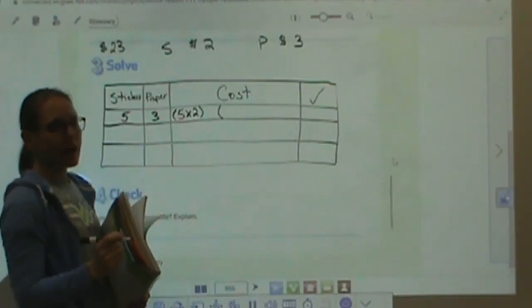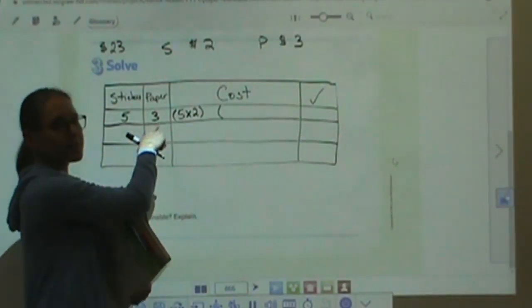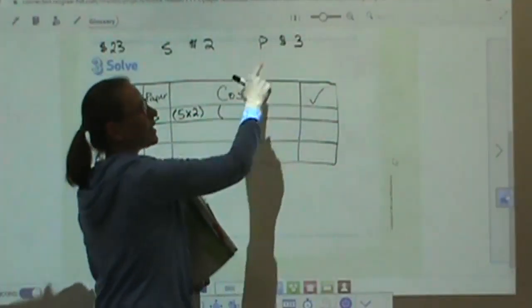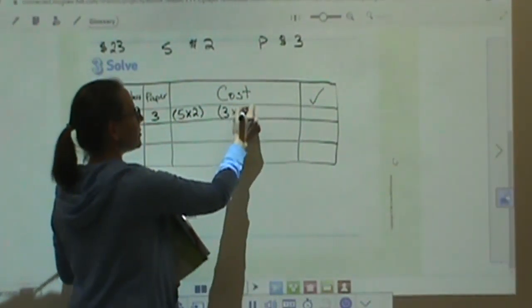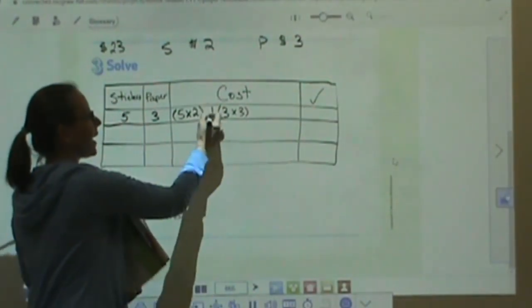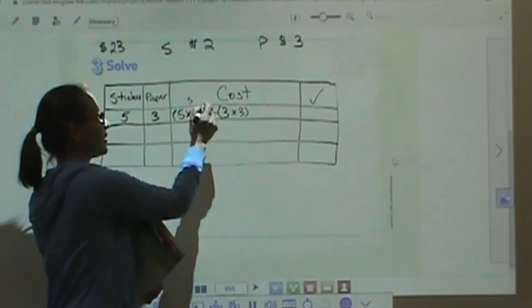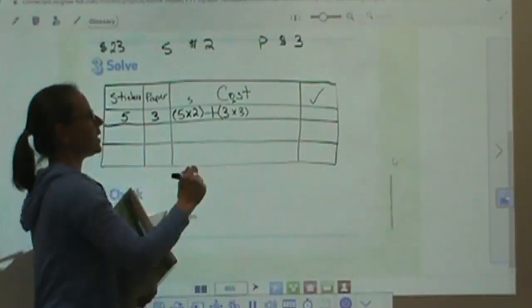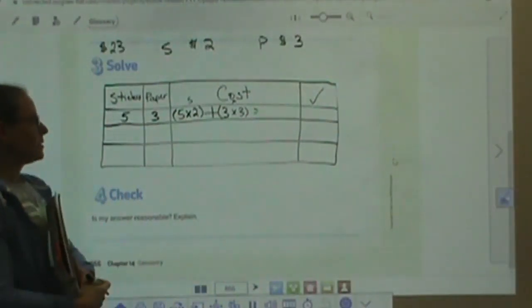Now we're going to figure out the cost of the paper. 3 sheets of paper, each sheet costs $3. 3 times 3. We're going to add those two together. So we have our stickers here, plus our paper here, and we're going to get our total cost.